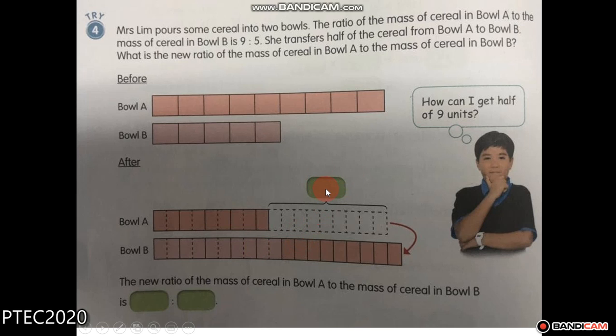So the answer that we should put in this box is that we transfer 9 to bowl B. After you transfer, you can see that bowl A has totally 9 units and bowl B has totally 19. So the new ratio of the mass of the cereal in bowl A to the mass of cereal in bowl B is 9 to 19.